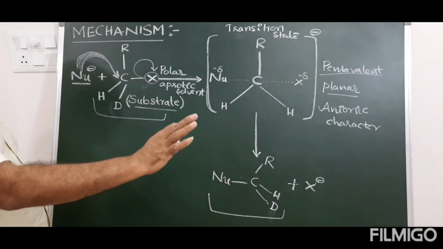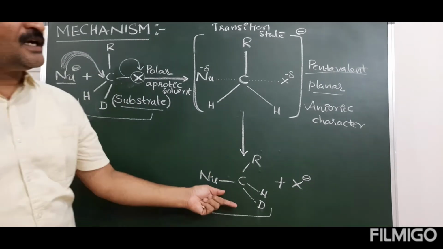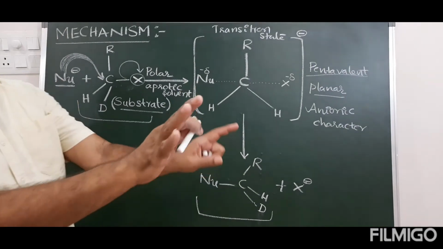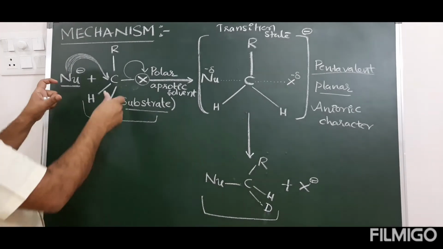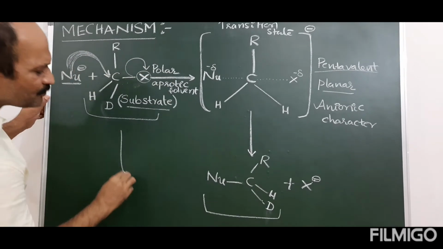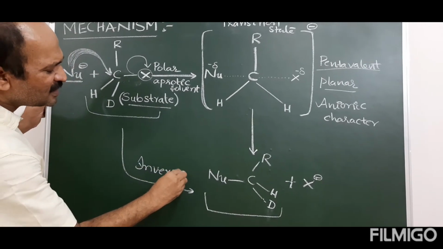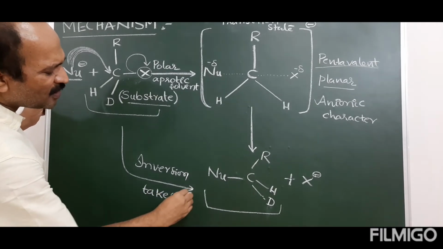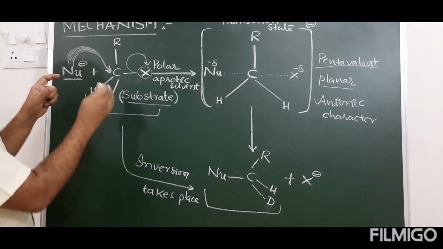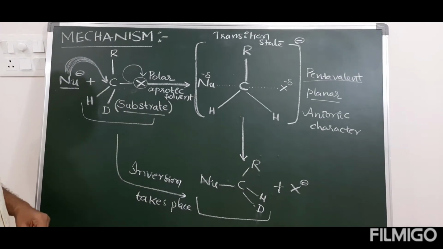But that is not the meaning that before the reaction it is dextrorotatory and after the reaction it is levorotatory. That is wrong. Only the configuration is inverted. That means in the SN2 mechanism, inversion takes place. If you take the R configuration structure, you may get the S configuration.